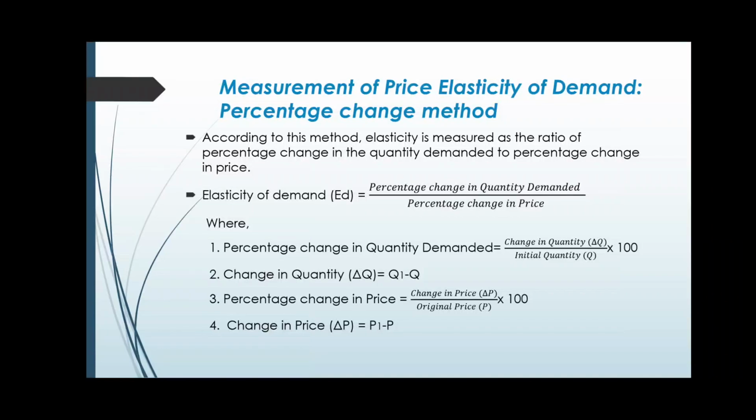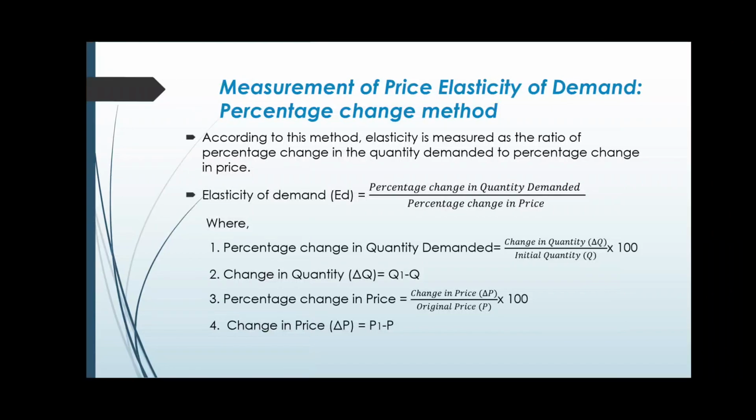As you can see in this formula, elasticity of demand is denoted by capital E and small d, and its formula is percentage change in quantity demanded divided by percentage change in price. But in order to use this formula, you need to calculate these percentage changes.